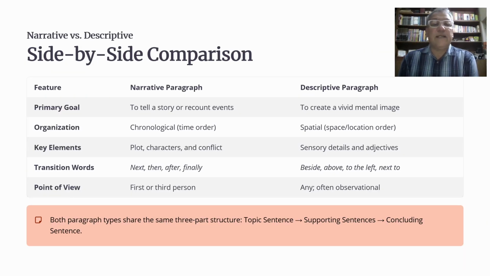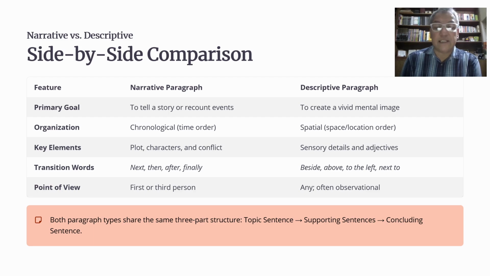Finally, I show the narrative versus descriptive side-by-side comparison in features. Primary goal: the narrative paragraph tells a story or records events, and the descriptive paragraph creates a vivid mental image.